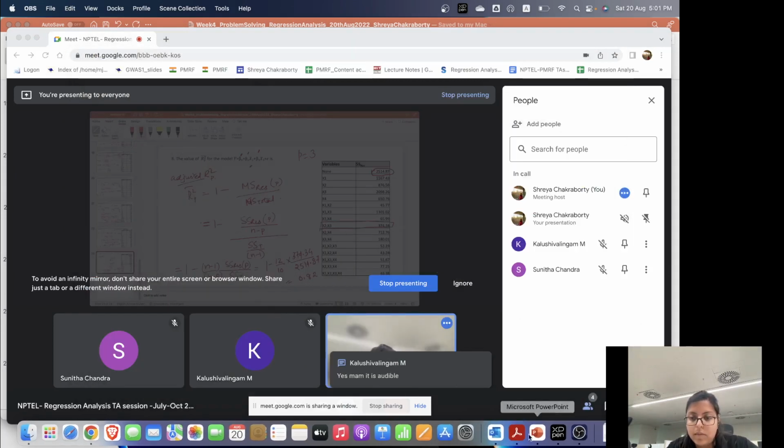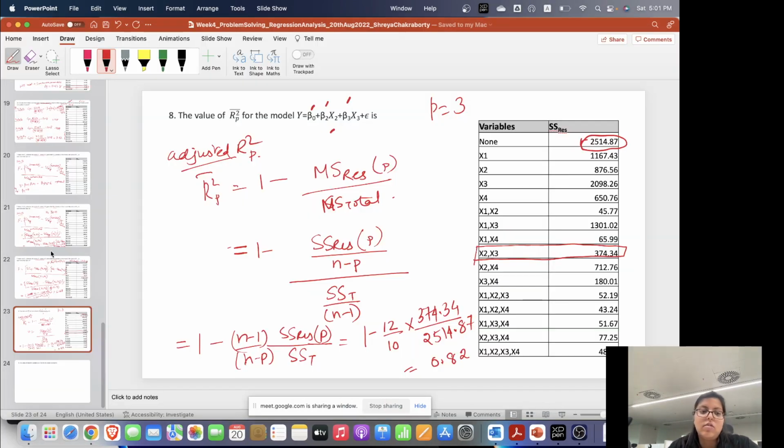Okay, fine. So if we are asked to find out the adjusted R square, then we should use this method, and we should also keep in mind that adjusted R square is a better measure than R square. Why? Because R square will always increase as we increase the number of predictors, but adjusted R square will not behave accordingly.